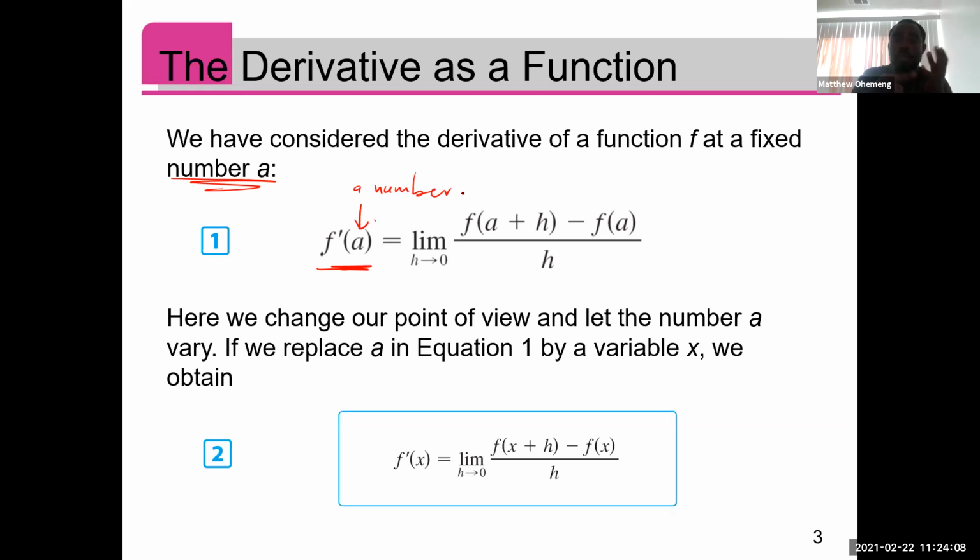Suppose you're interested in the slope at 2, at 3. Let's say the function is defined for all real numbers, and you're interested in the slope at any point. Then we are just going to replace this number A here with a variable x. So if we are asked to compute the slope of the tangent at any point at all, we have the formula. We can just plug it in.